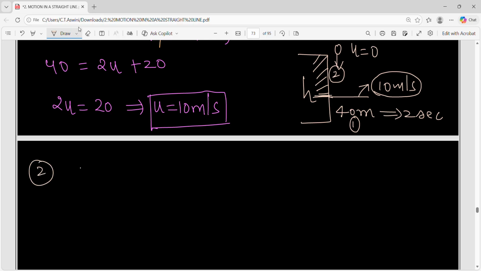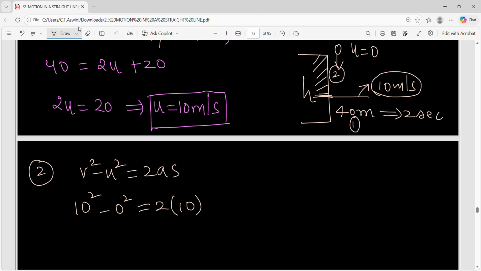So consider case 2 and apply this formula: v square minus u square equals 2 into a into s. So v square is 10 square, u square is 0 square, 2 into a is 20. And what is s now? This specific height. We don't know, right? Assume it as s only.